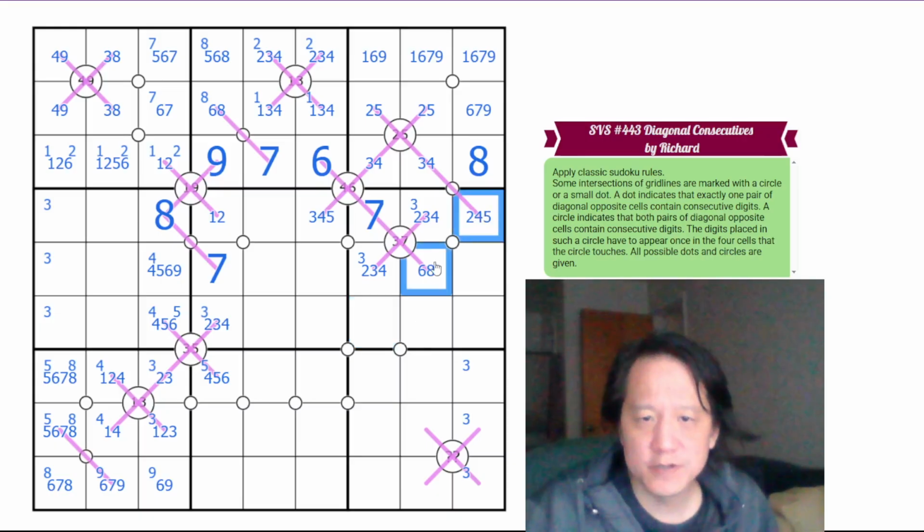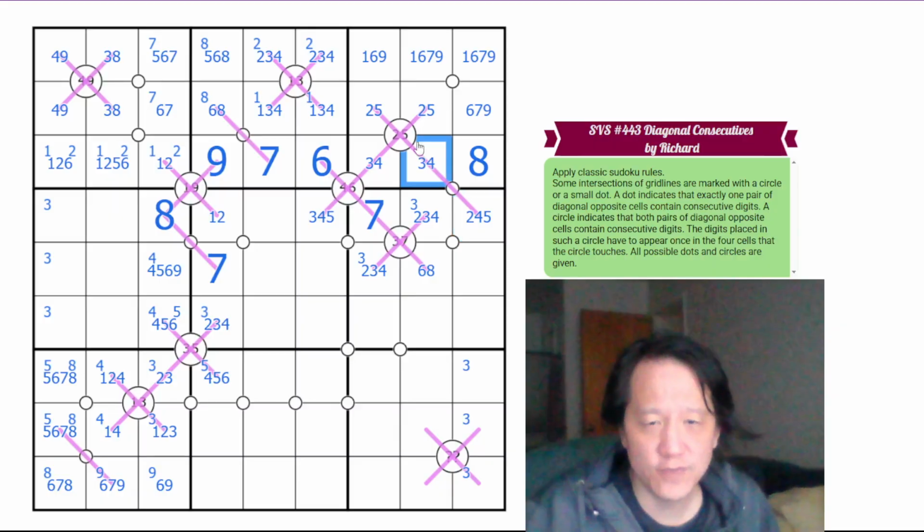So if these are consecutive, this must be 5 and 6, which would make this 4 and 5, I guess. That doesn't really tell us too much. Anyways.